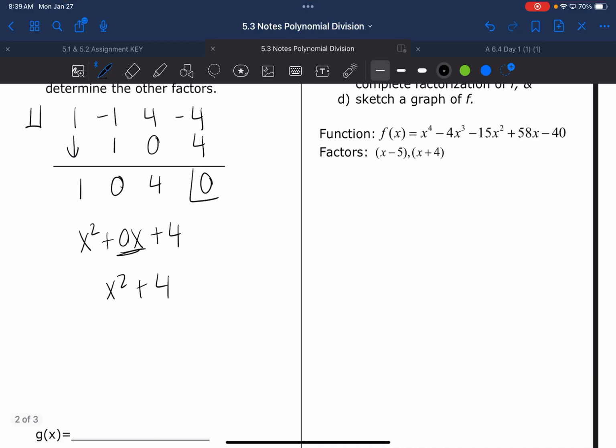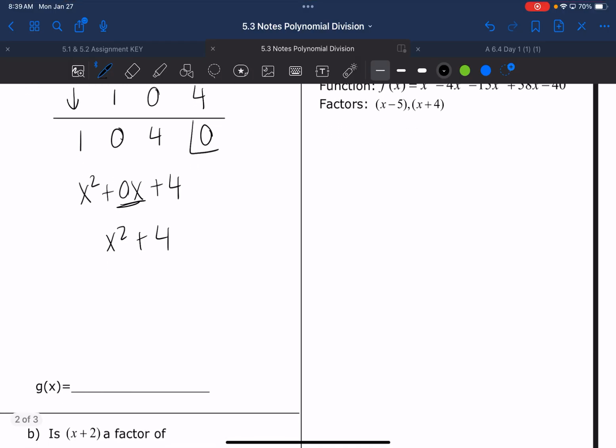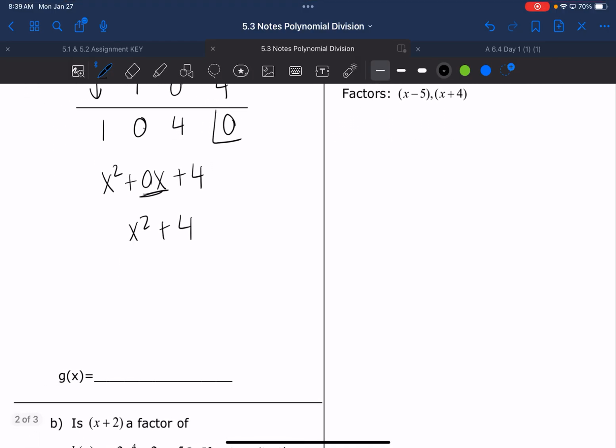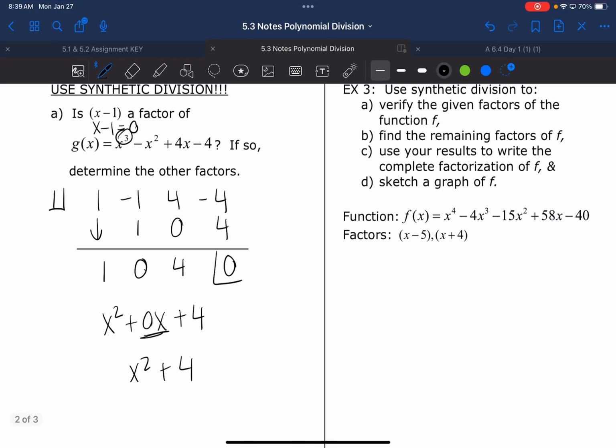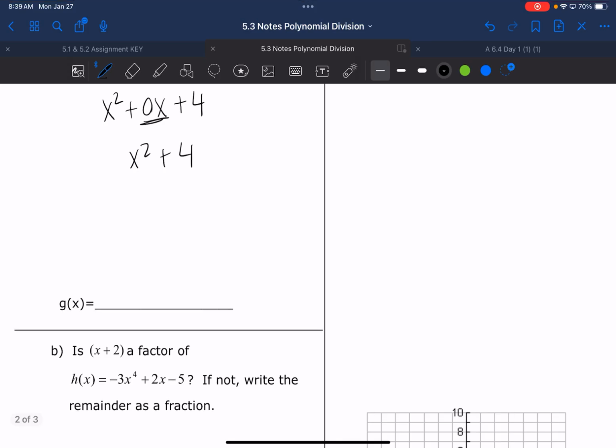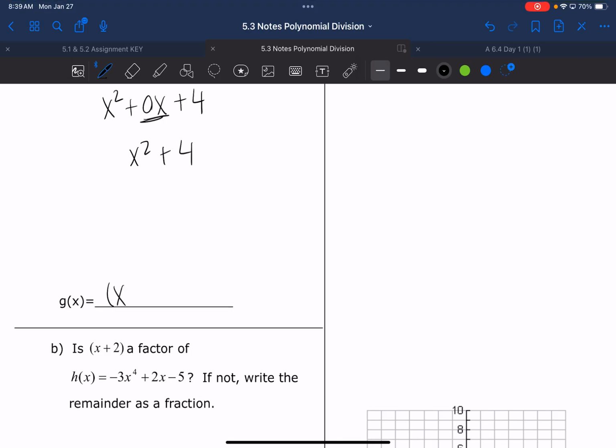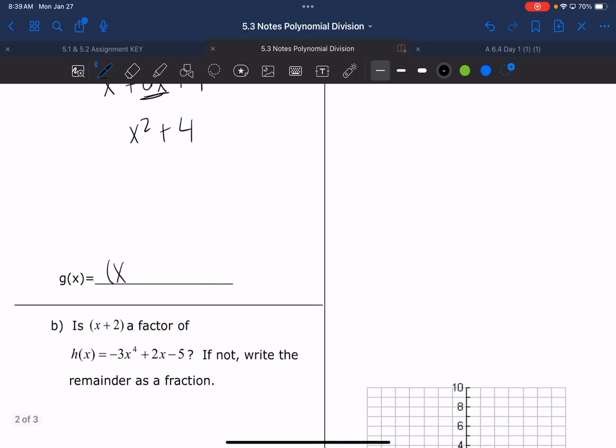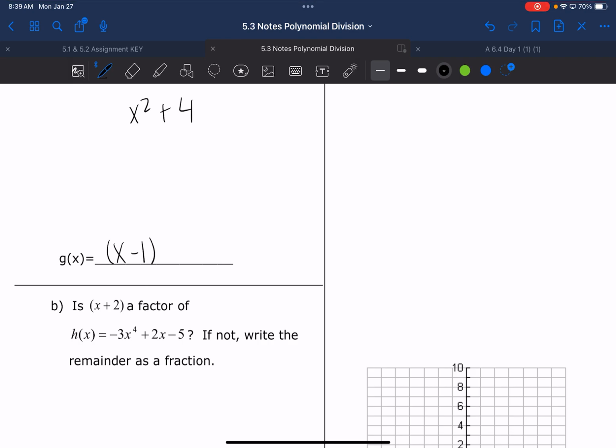Can I factor x squared plus 4? No. So it said determine if there are any other factors. No, that's where we got to stop, right? So our only factors here are going to be our x minus 1 and our x squared plus 4.